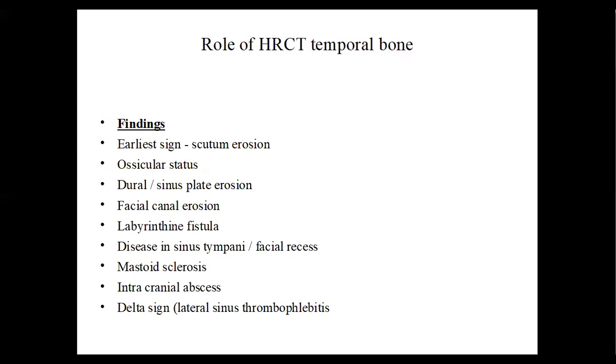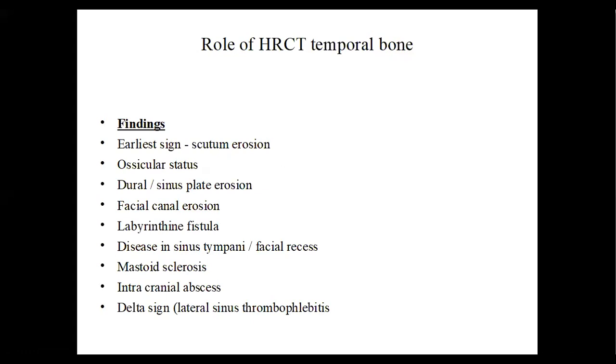Then after doing CT, you will have certain idea about certain landmarks. That is the status of the ossicles, then involvement of the dural and sinus plate, and involvement of the facial nerve. If there is any erosion of the fallopian canal, then you can also look for any labyrinthine fistula. Then presence of disease in the sinus tympani or facial recess.